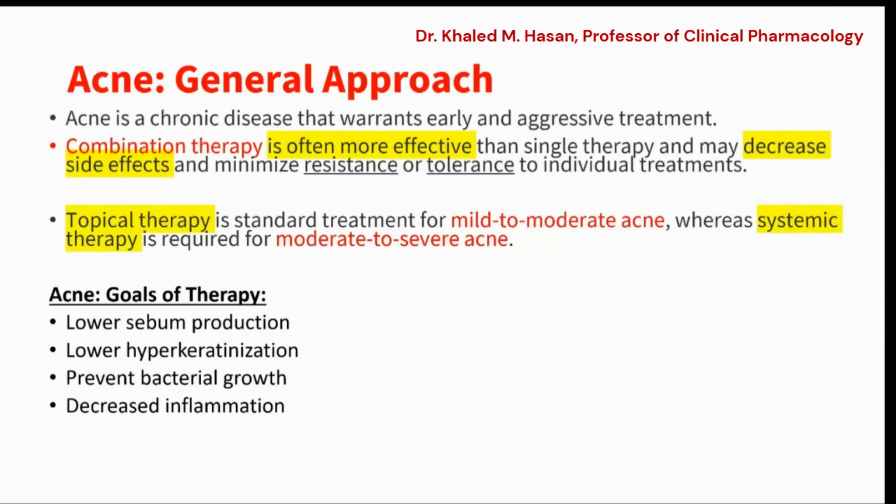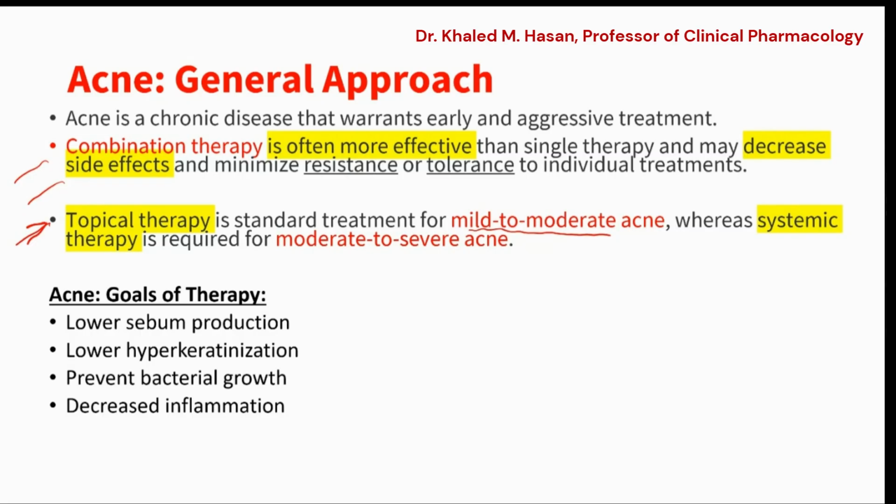General approach here, normally we use combination therapy, and combination therapy is found to be more effective. When you use combination therapy, this will decrease side effects because you minimize resistance and tolerance. This explains why you use combination therapy. Topical therapy is also very important to remember: when you have a mild or moderate case, we go with topical therapy.